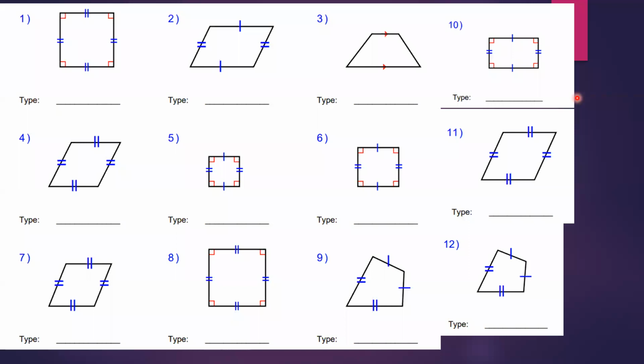Hello, can you hear me? Yes, sir. I'm on number 5. Okay, number 5, okay. And Ramon, what number are you on? Number 4. Number 4. Okay, good.